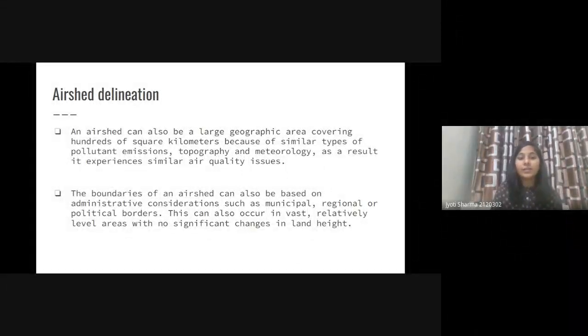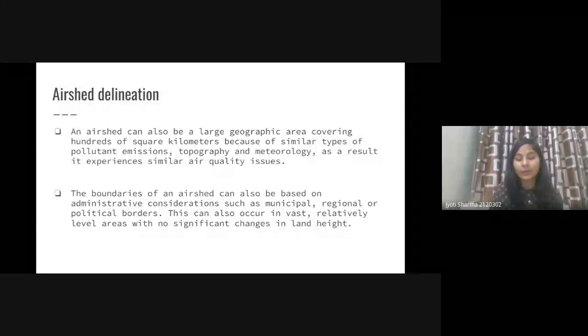So this will give you some common characteristics of that area. This is one way by which we can decide the boundary of the airshed. Then an airshed can also be a large geographic area covering hundreds of square kilometers because of similar pollutant emission, topography and meteorology. As a result, it experiences similar air quality issues.